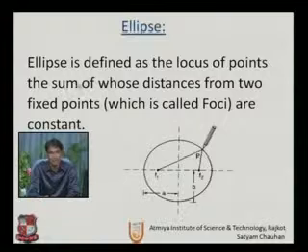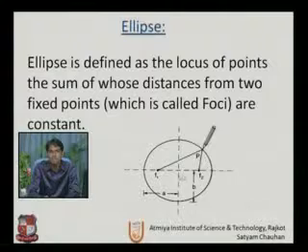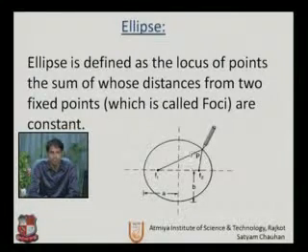As we can see in the figure below, the ellipse has two foci, and the sum of the two distances from these two foci to any point is constant. This is the first definition of the ellipse.